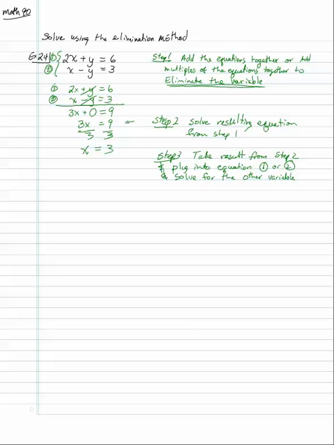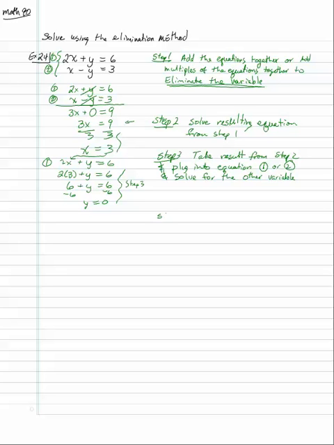Let's take equation 1, which is 2x plus y equals 6. We're going to plug the 3 in for the x and solve it for y. So y equals 0. So that's step 3.